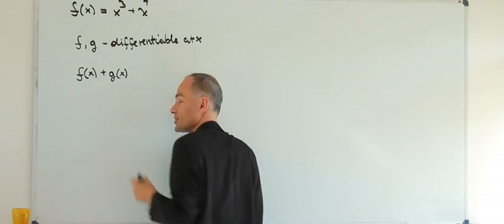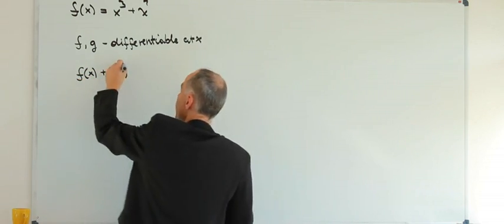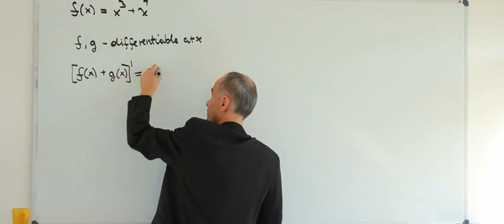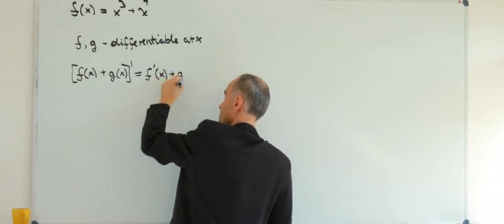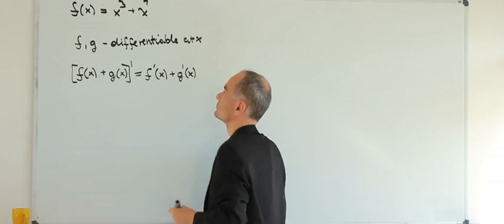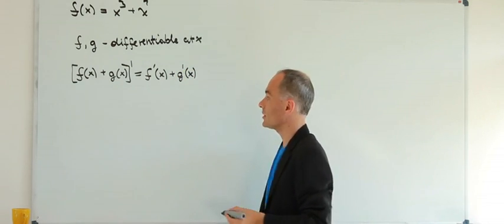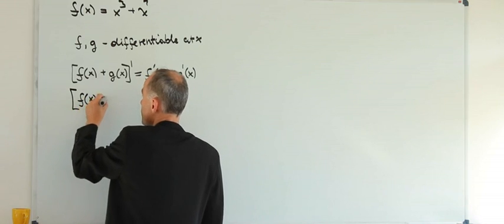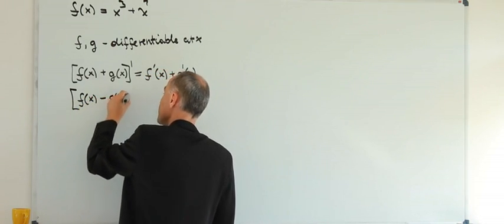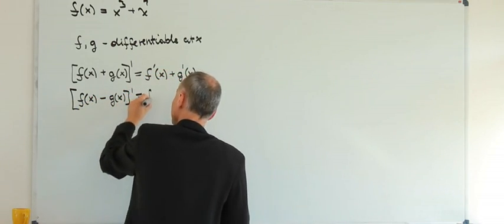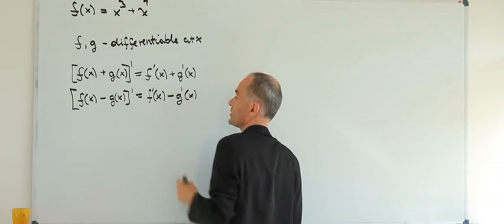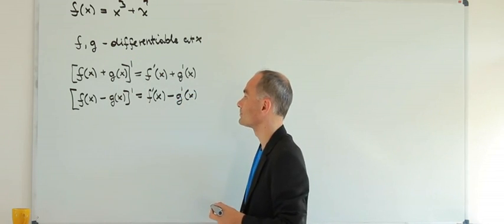So this function is differentiable at x, and its derivative is equal to the derivative of f plus the derivative of g. Similarly, we have a rule that if you have the difference of f and g, then you can differentiate the difference term by term as well.